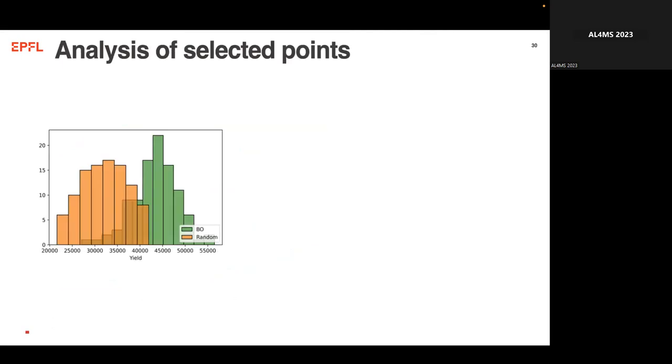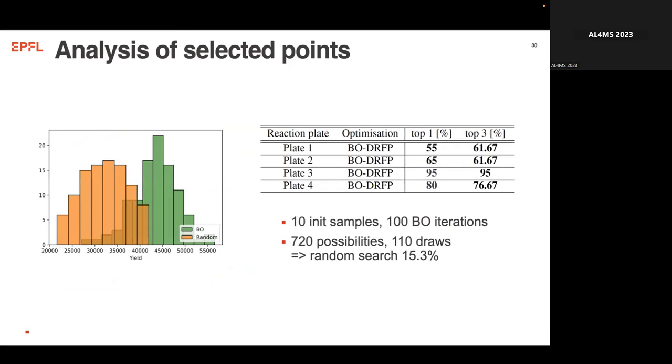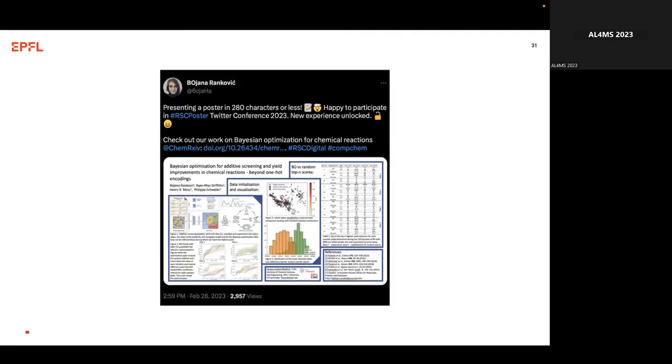If we look at the points it selected during the optimization, we see clearly higher values for the BO. And also, if we look at the percentage of runs where the top one was chosen after 100 BO iterations in this dataset containing 720 data points, it performs much better than random on any plate we analyzed.